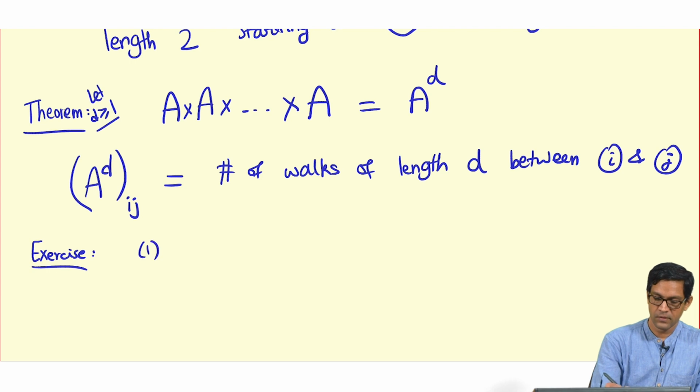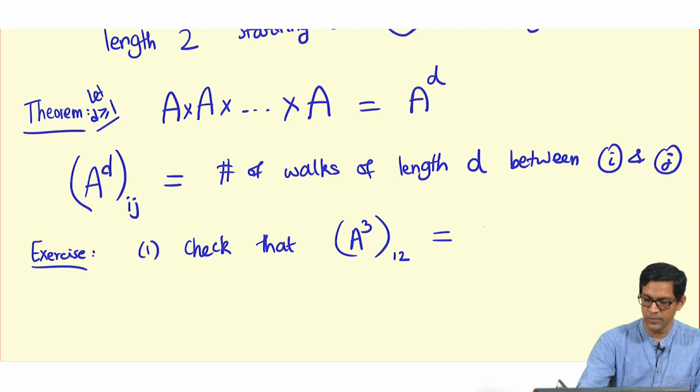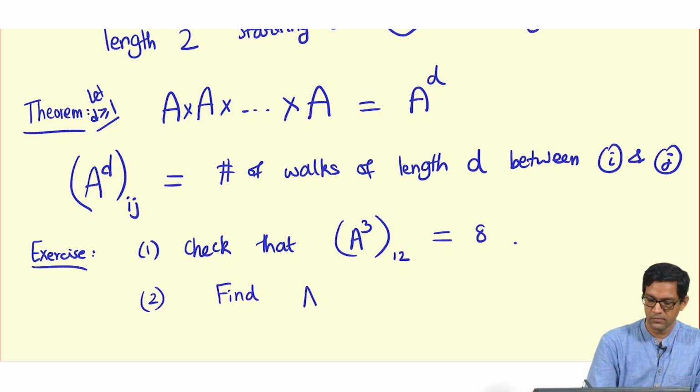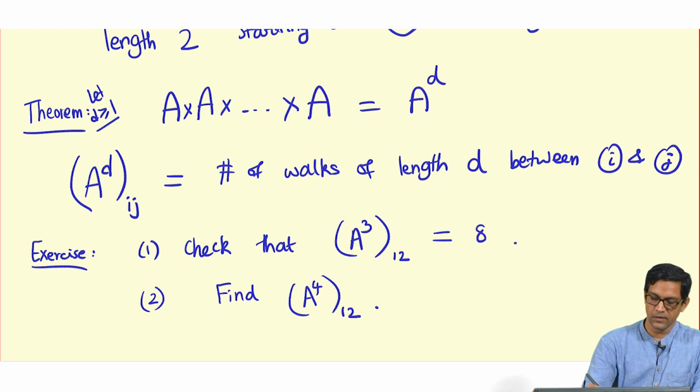Check that if you take A cubed, that is the number of walks of length 3, and look at the first row second column element, this should be 8, which is what we got by actual computation. And here is the next question, find how many walks there are of length 4. Okay. We could not do this by hand, but now that one can actually do this matrix multiplication, you should be able to figure out what this number is.